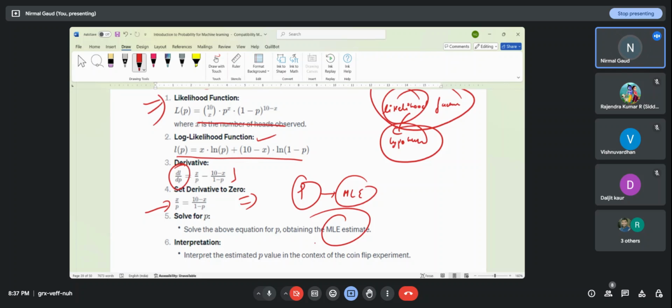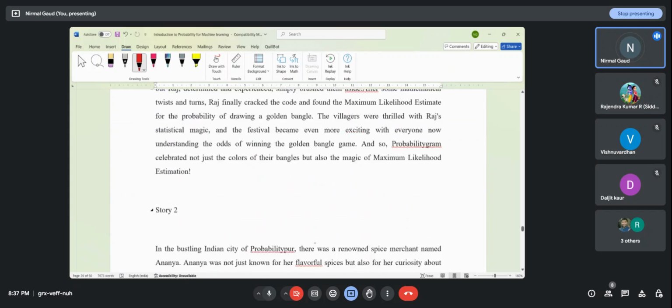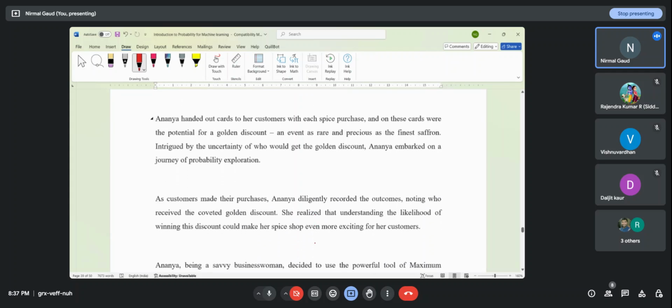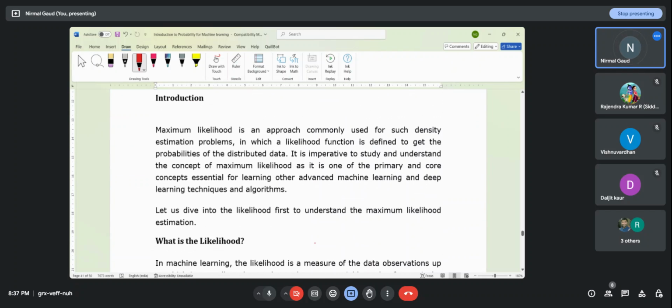I need to estimate what those parameters are. So you will be having a likelihood function, take the log of it, differentiate it, equate it to zero, and find the value of the parameter. That is MLE, maximum likelihood estimation. Okay, I have done the storytelling also in the previous lecture.